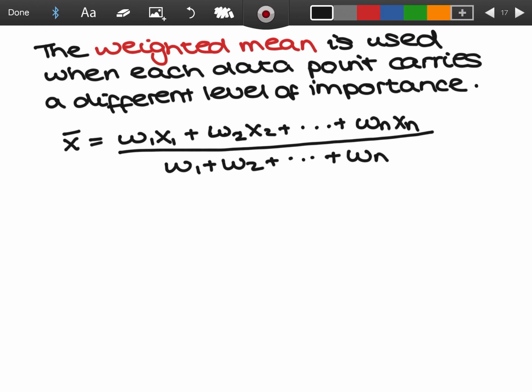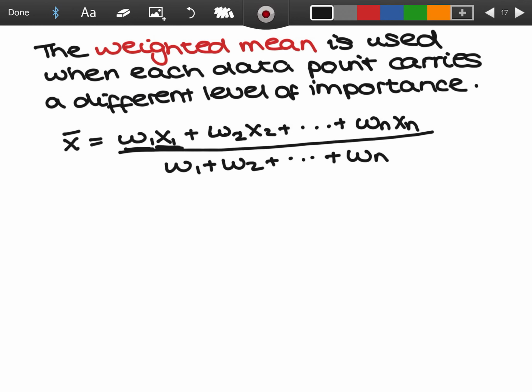Each one of these W's is a weight. It tells me how important something is. The higher that W is, the more important the associated data point X is. So if W1 was the largest W that you had, that would mean that this data point X1 is the most important data point that I had.